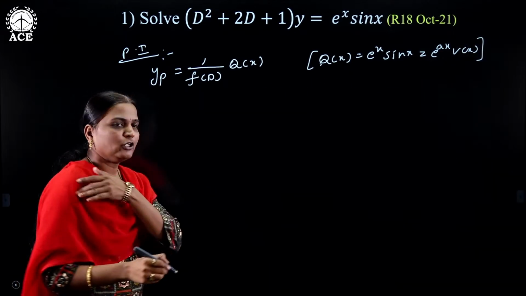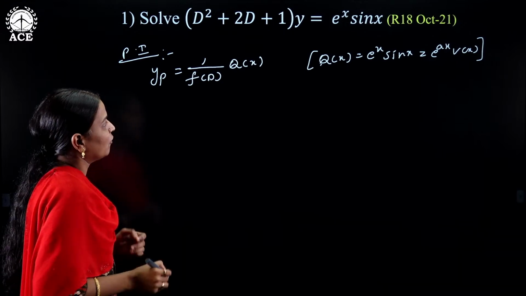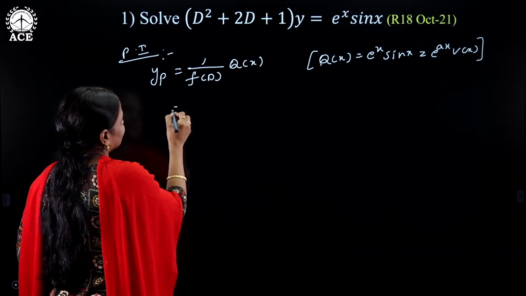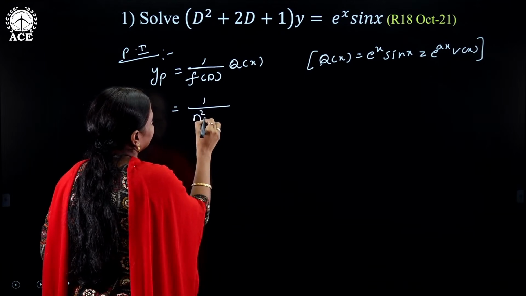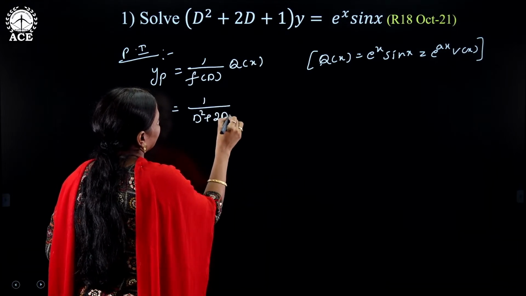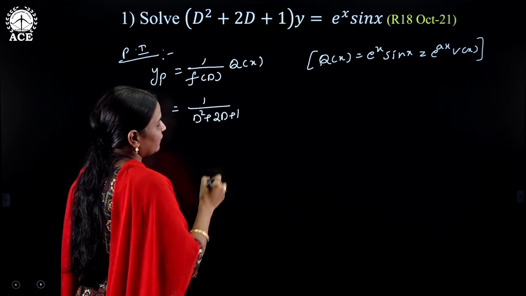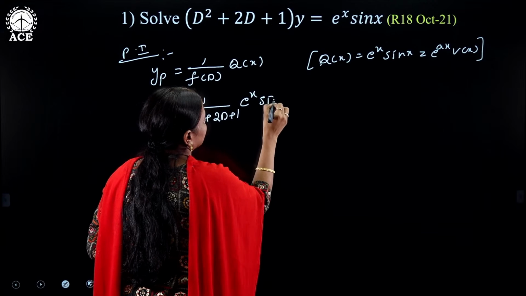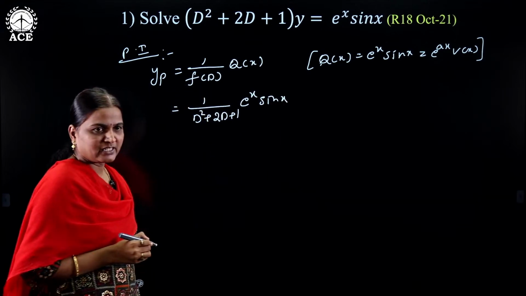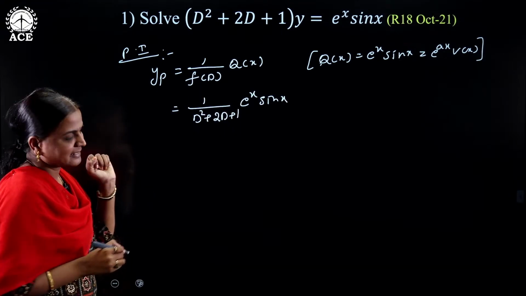When Q of x equals e power ax into V of x, how to write the particular integral? First write 1 by f of D, which is D square plus 2D plus 1, into Q of x, that is e power x into sin x. The procedure is to take e power x to the left side.